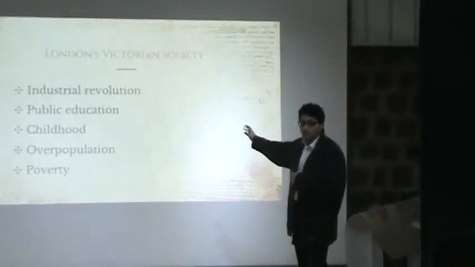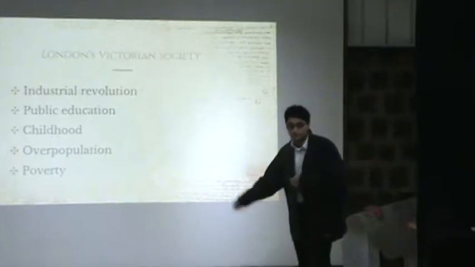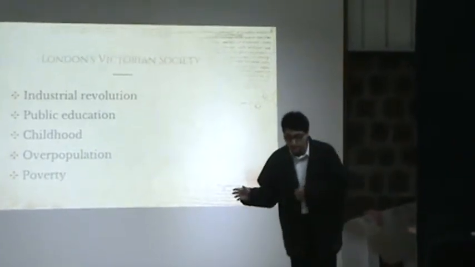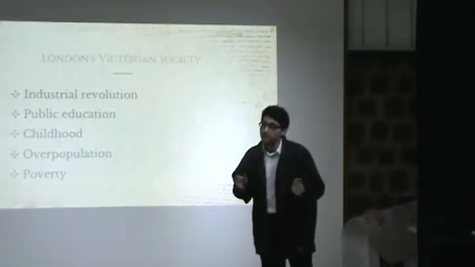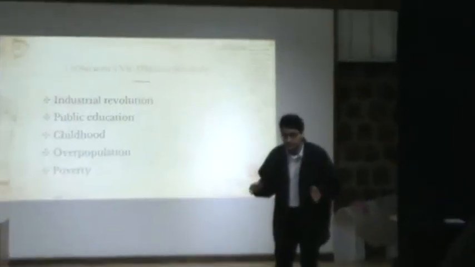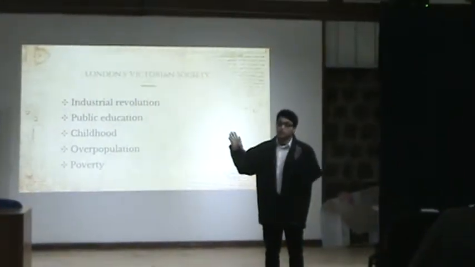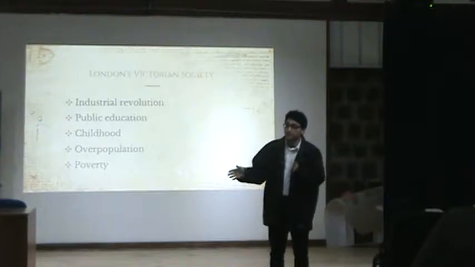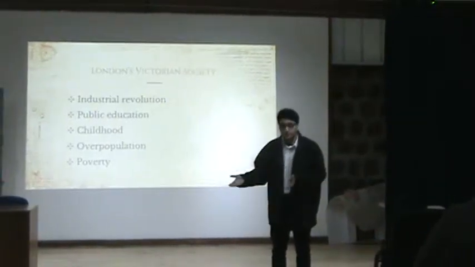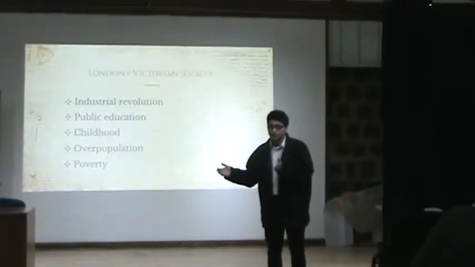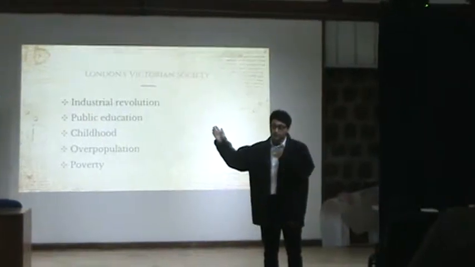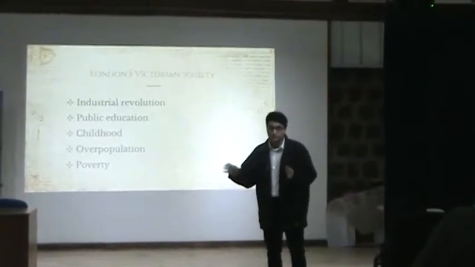But let's talk a little bit about public education. In that regard, we can see that public education was in charge of mostly what was the responsibility of the church in general. We have several institutions that were managed by the church.